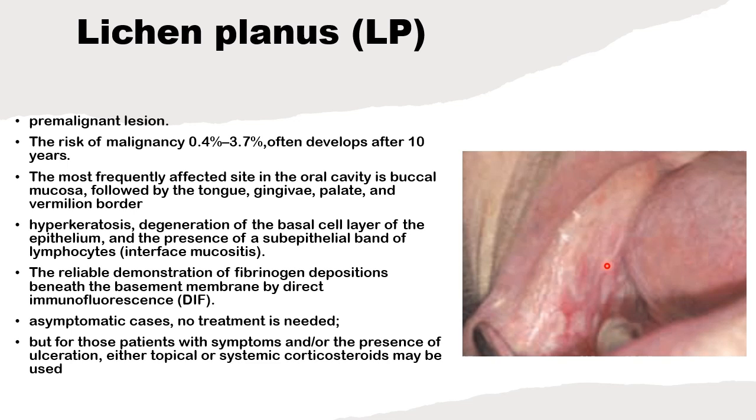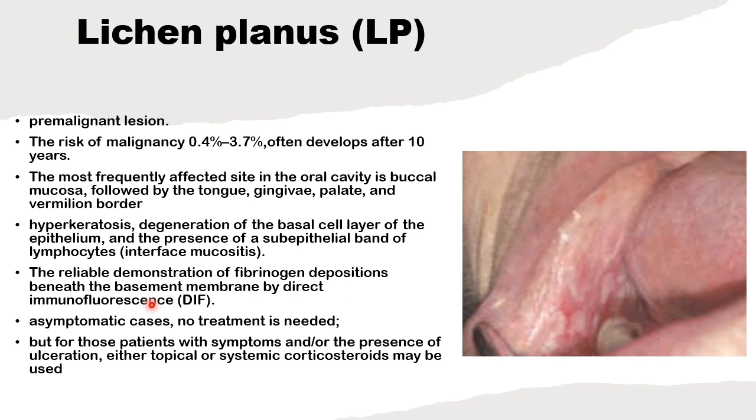Pathologically, the lesion would show hyperkeratosis, but also degeneration of the basal cell layer of the epithelium and the presence of a subepithelial band of lymphocytes, the so-called interface mucositis. The demonstration of fibrinogen deposition beneath the basement membrane by direct immunofluorescence is diagnostic.